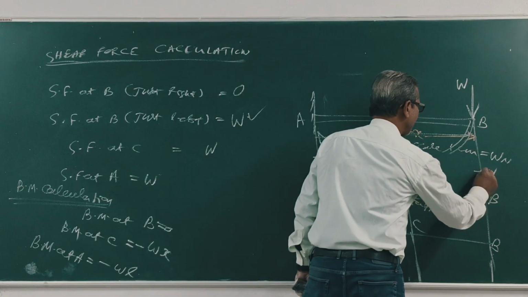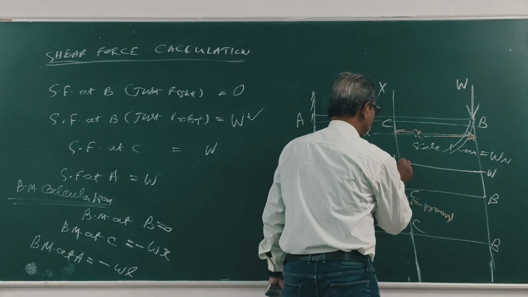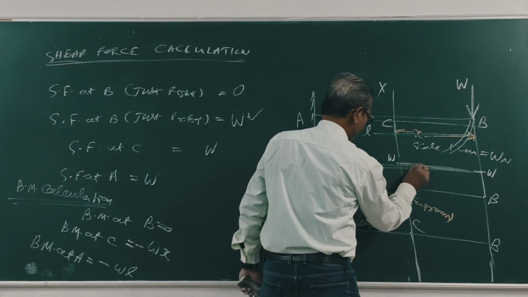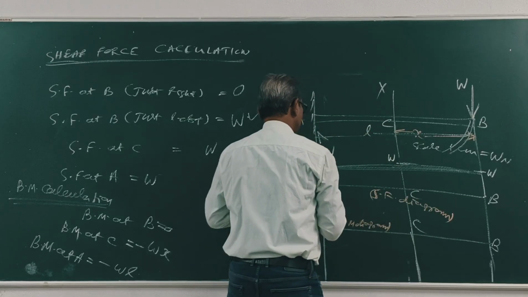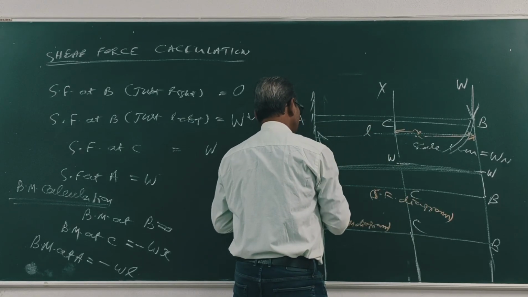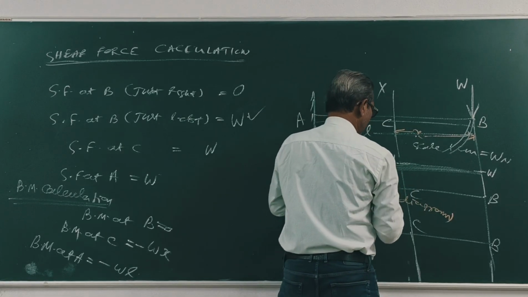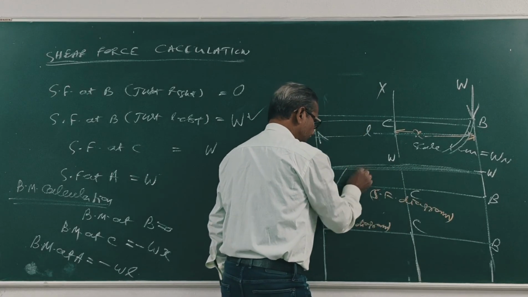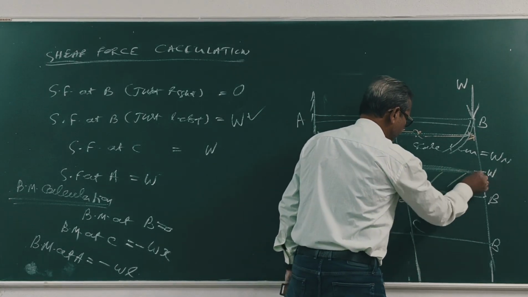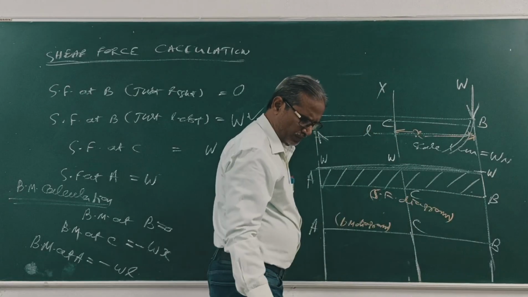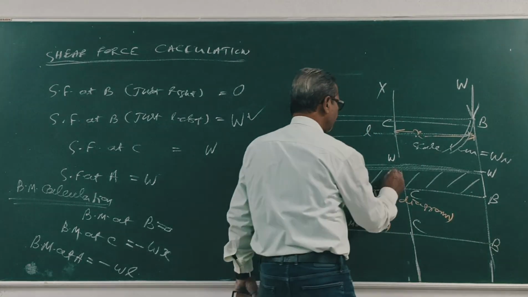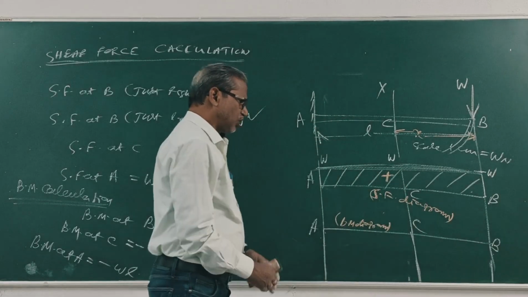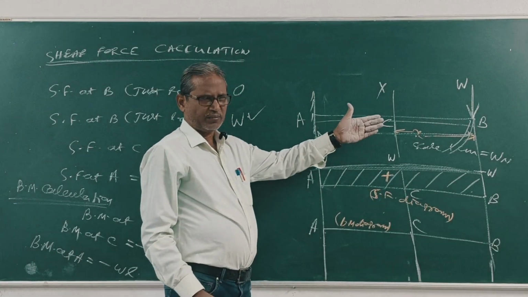So start from B: W, W, W. So these are all positive, so this is positive sign, plus. All positive values are taken above the baseline.